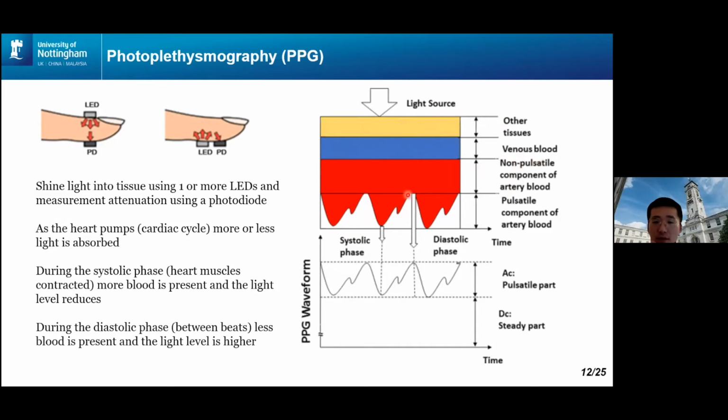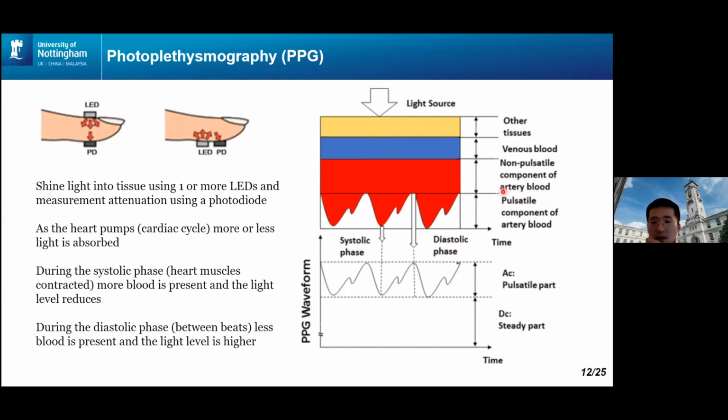And the waveform consists of DC components and AC components. As you can see here, from the top to this line, the DC component corresponds to the average blood volume of both artery and venous blood.